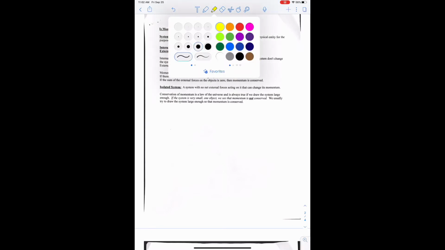So is momentum always conserved? Yes, but it depends on the system. What's a system? A system is a set of particles that are interacting components considered to be a distinct physical entity for the purpose of study. So we like to set up a system. If you remember last year, we would draw these dotted lines around something, like I'm doing right now around the definition of system.